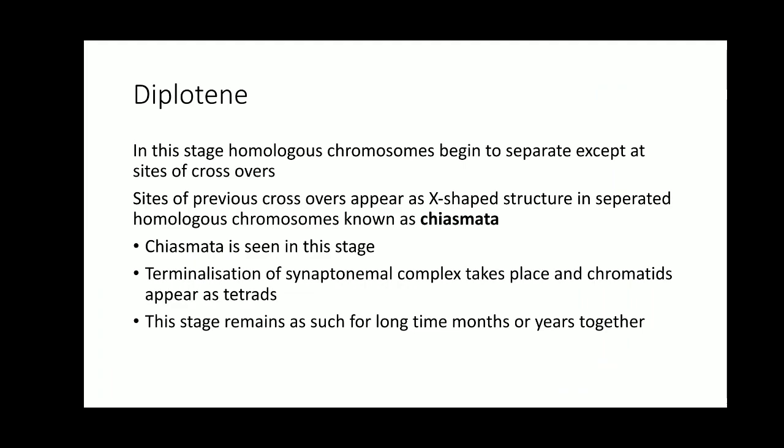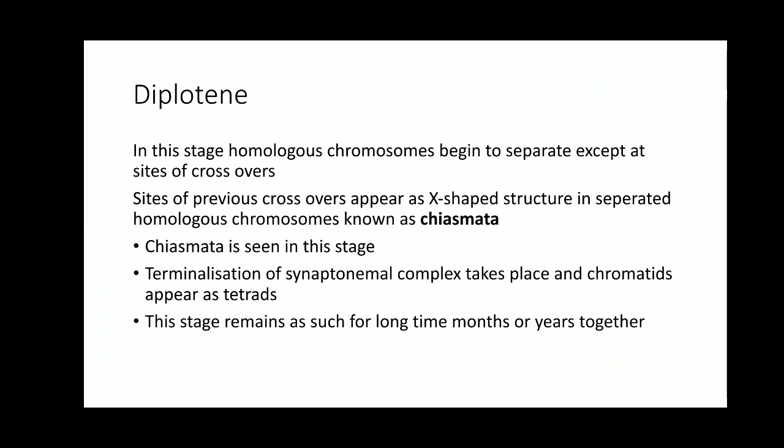Now all these stages are the substages of Prophase I. Still it didn't enter the next stage, that is Metaphase stage. So in this Diplotene stage, the homologous chromosomes which were paired up in the Pachytene stage, and which have already exchanged their genetic material, now begin to separate from one another.